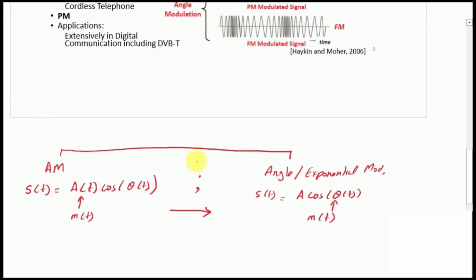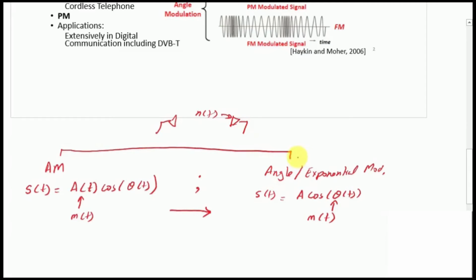If we are sending something over the air and then receiving it, the amplitude of the modulated signal would be affected by the ambient noise at the transmitter and receiver. Once the amplitude is attenuated or degraded, we will lose the information.